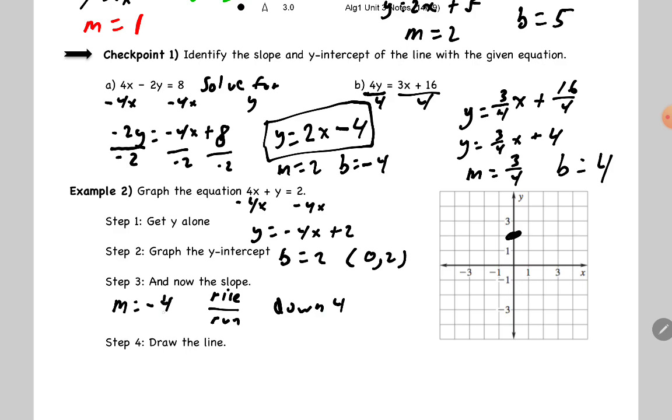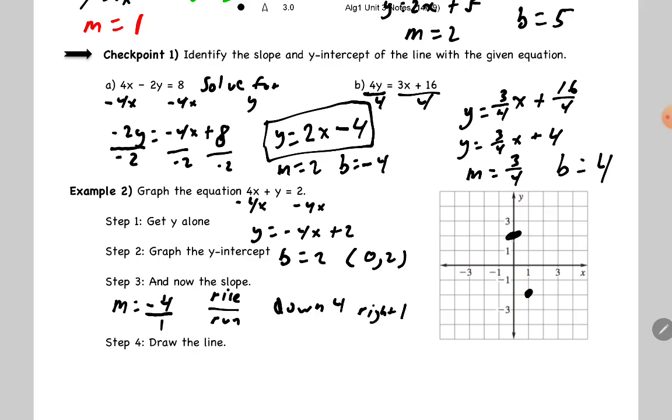And then if we put this over, make it a fraction, that's just negative 4 divided by 1. So down 4 over, or right 1. So from this dot we made, we're going to go down 4. So 1, 2, 3, 4. And right 1, and then make a dot.